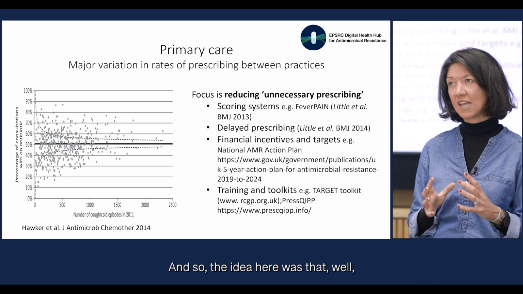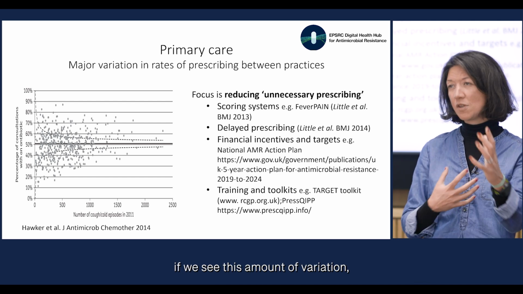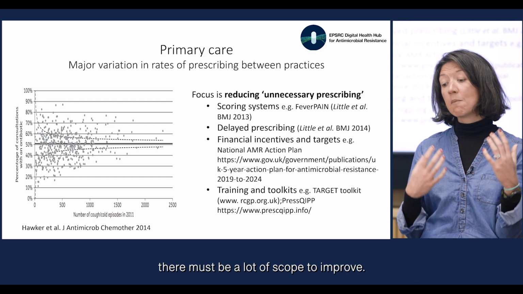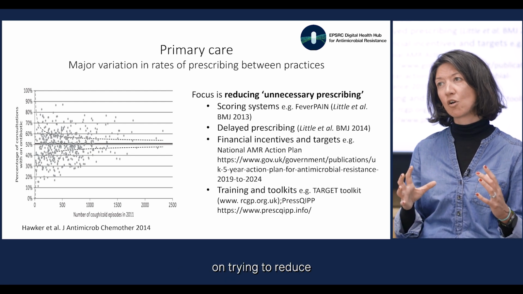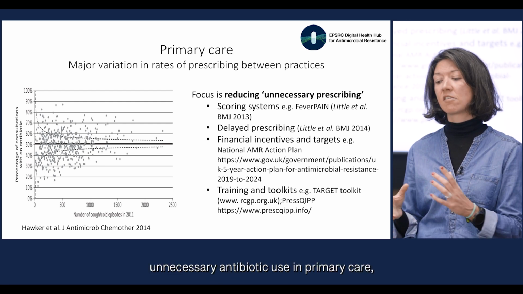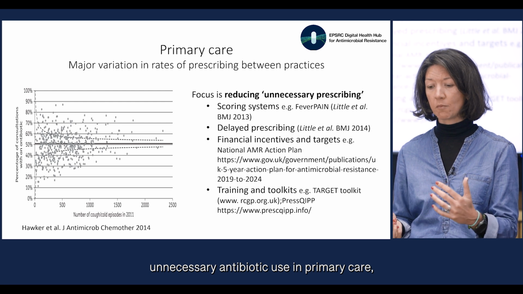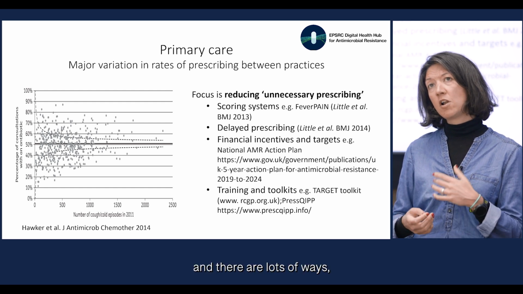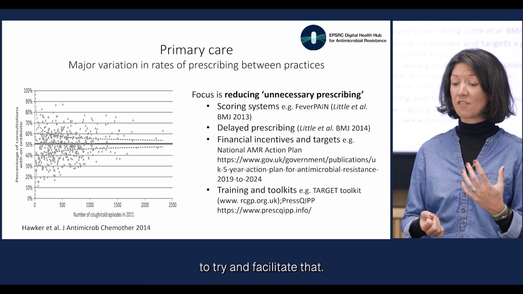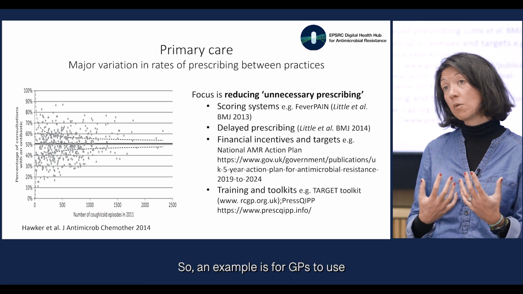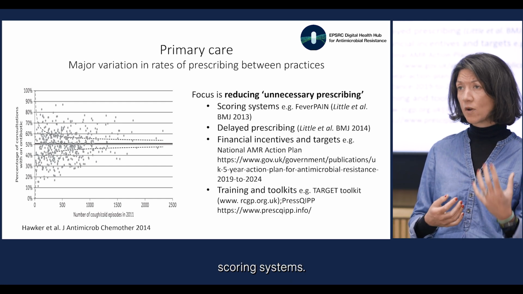And so the idea here was that, well, if we see this amount of variation, there must be a lot of scope to improve. And so there's been a big focus on trying to reduce unnecessary antibiotic use in primary care. And there are lots of approaches that have been developed to try and facilitate that. So an example is for GPs to use scoring systems.